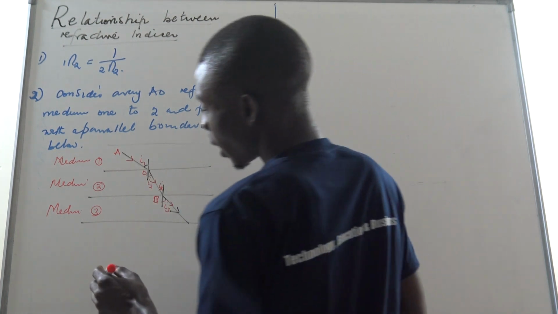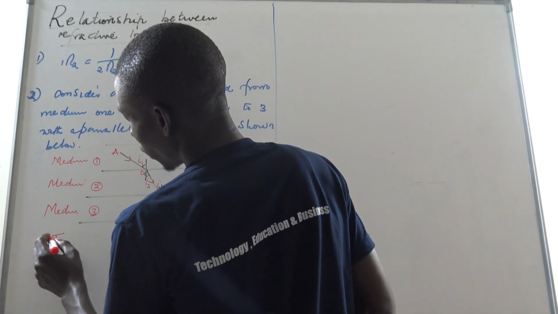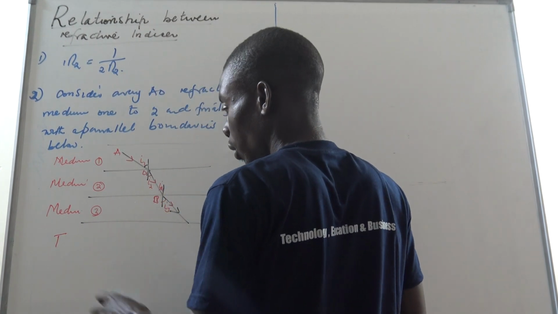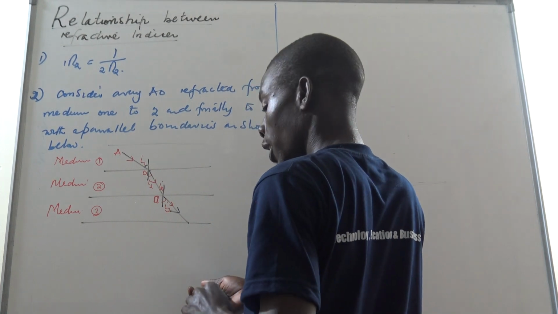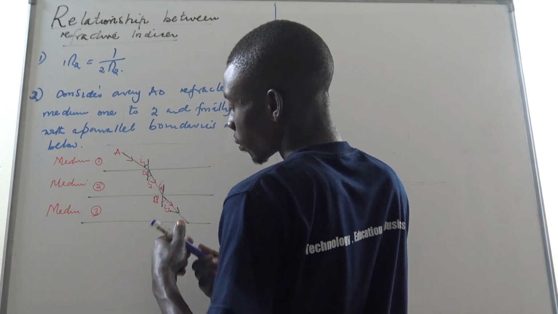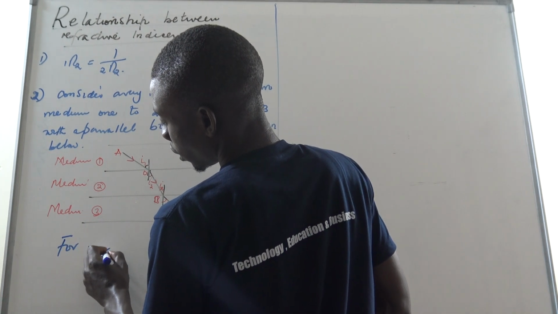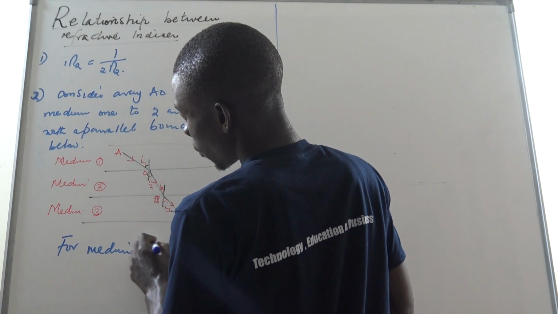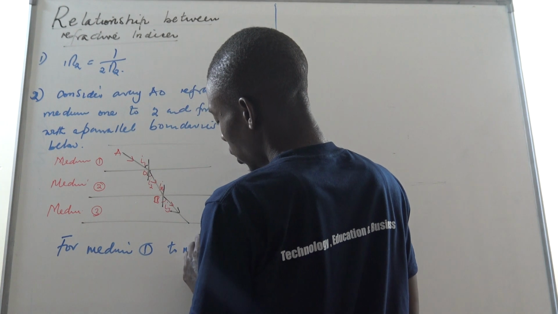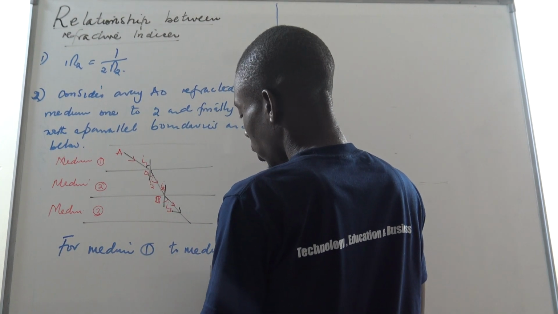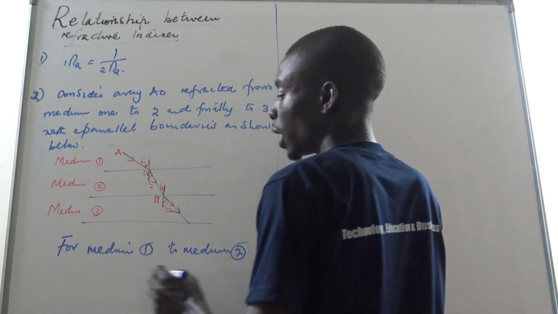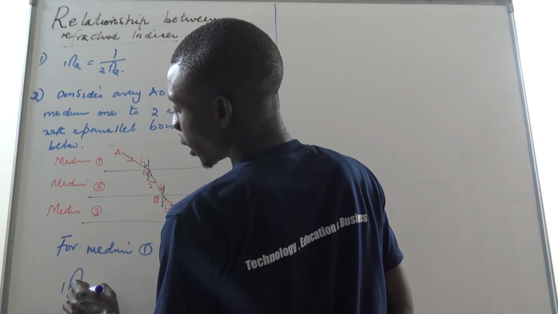So we are now going to say, for medium 1 to medium 2, we shall say refractive index from 1 to 2.